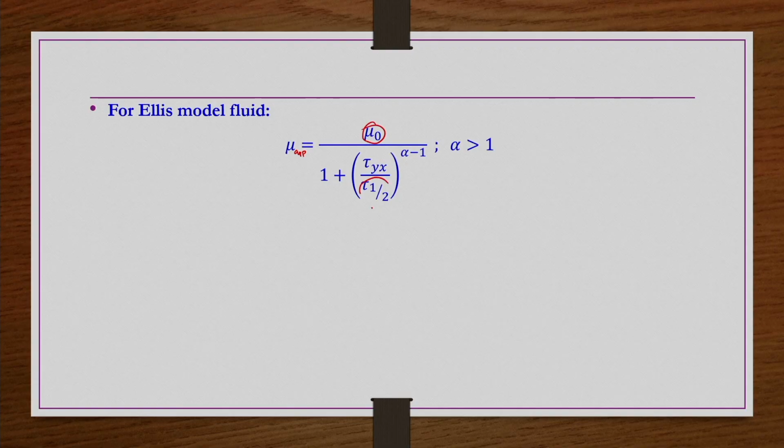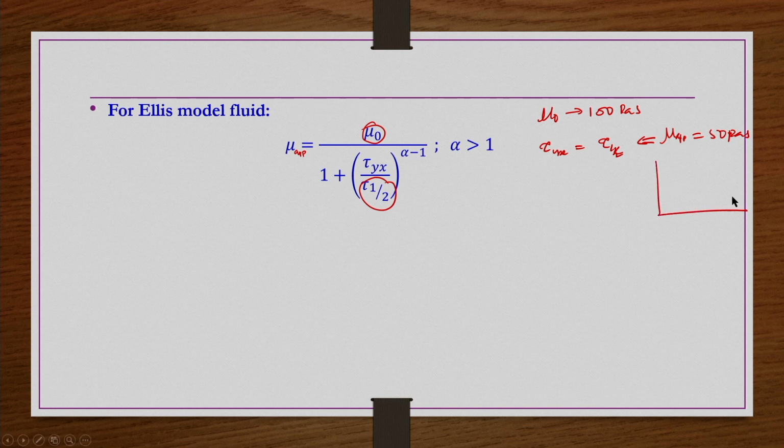τ_1/2 is as follows: let us say your μ0 is 100 Pascal second. What is the shear stress at which this viscosity becomes 50 Pascal seconds? That shear stress we call τ_1/2. So, we already know this.